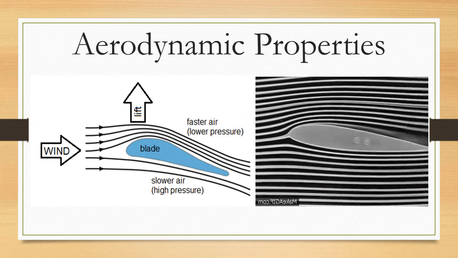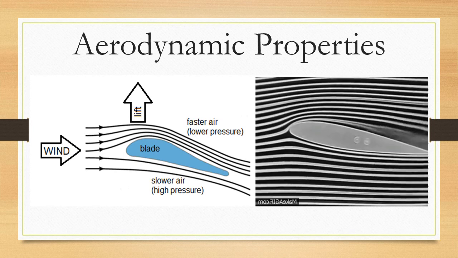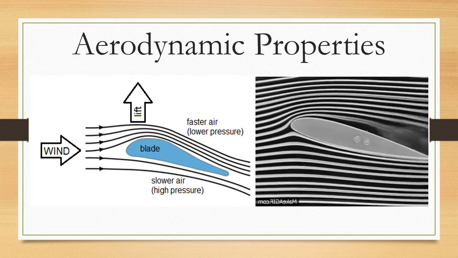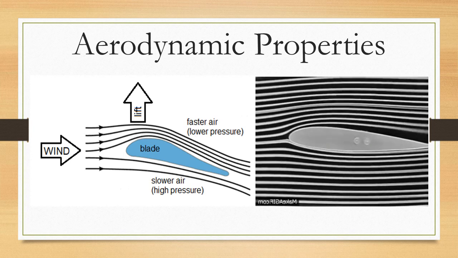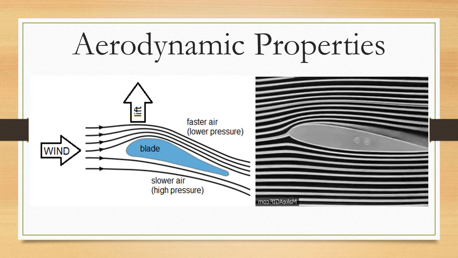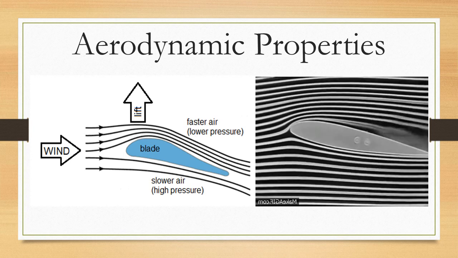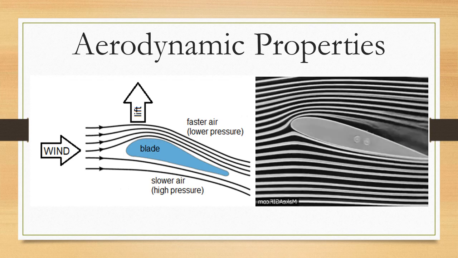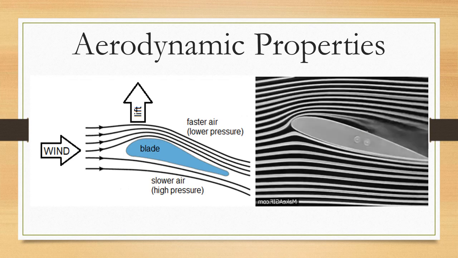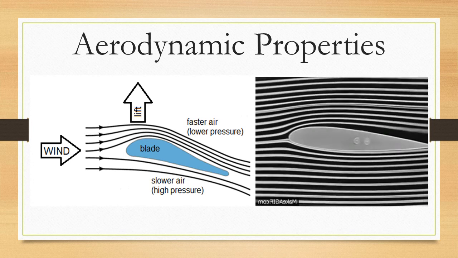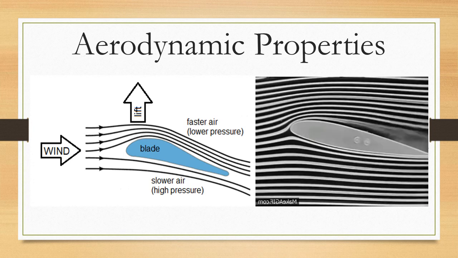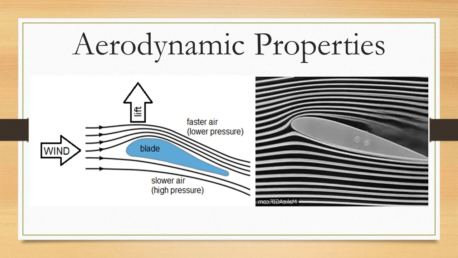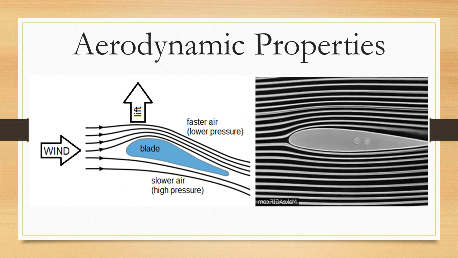Just like that example we looked at before. The wind is moving over the blade, and you see the wind above the blade is moving faster. It looks wispy at the end, all right, breaking up, moving quickly. Whereas the air moving below the blade, you see those lines getting compressed, all right?